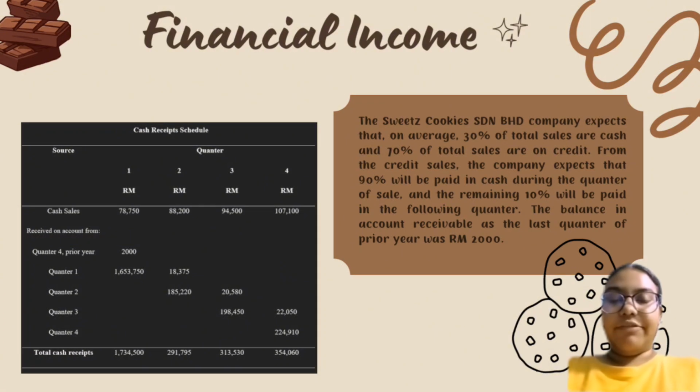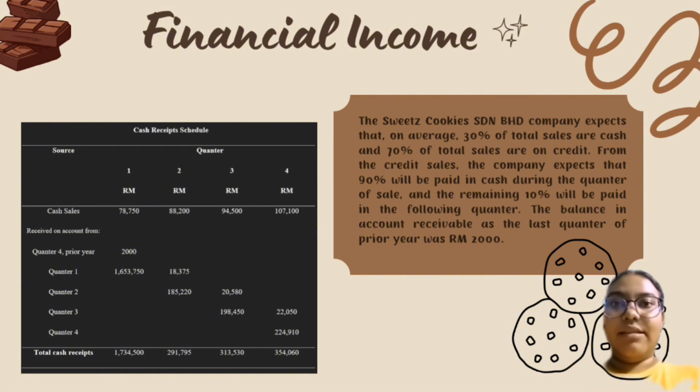Next, I'm going to present the financial budget. The Sweetz Cookies Company will have to prepare a cash receipt schedule. The company expects that on average 30% of the total sales are cash and 70% of the total sales are on credit.